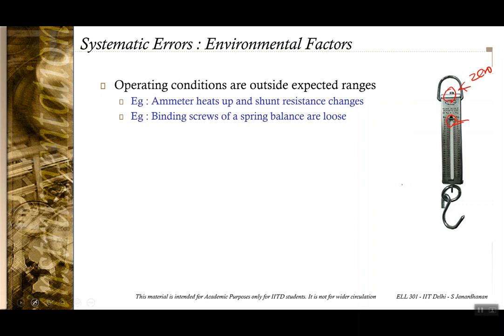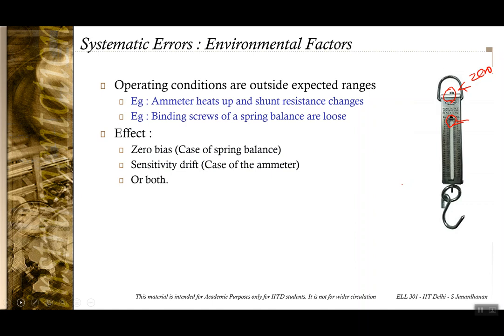Okay, so this systematic error from the environmental factor is going to cause a zero bias, as in the case of the spring balance, or a sensitivity change, as in the case of an ammeter, because its gain is changing, or in some other instrument it can cause both.